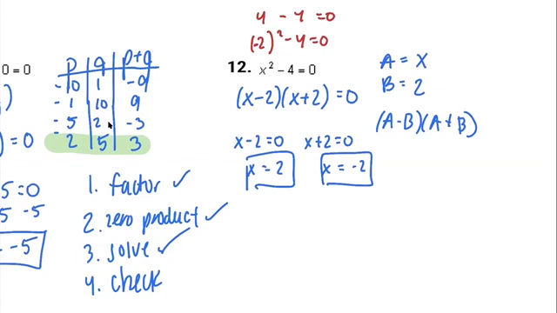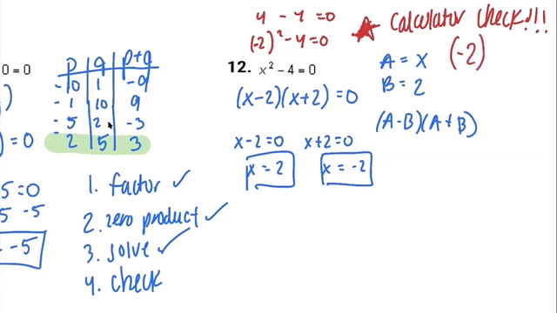This is, I don't want to say a hint, I want to say a calculator check. When you are plugging this into your equation, I know 2 squared isn't the most difficult thing in the world, but let's say maybe you have 9 or 12 and you can't remember what those are. When you plug this into your calculator, you have to put the -2 in parentheses. Else, it will do order of operations.